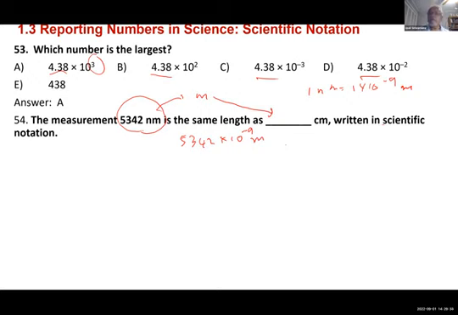Now how do you convert meters to centimeters? 1 meter has 10 to the 2 centimeters. Therefore, you have to multiply this by 10 to the 2.